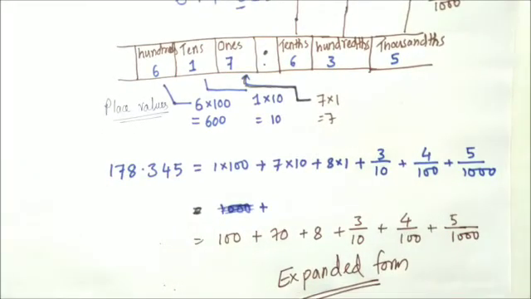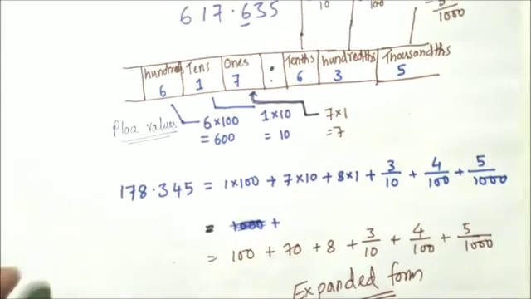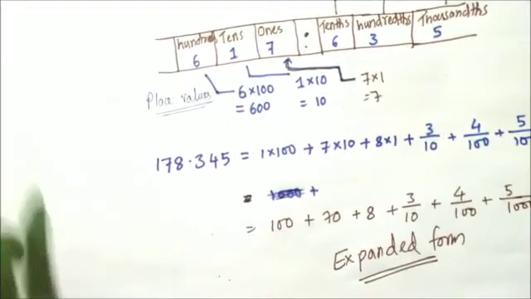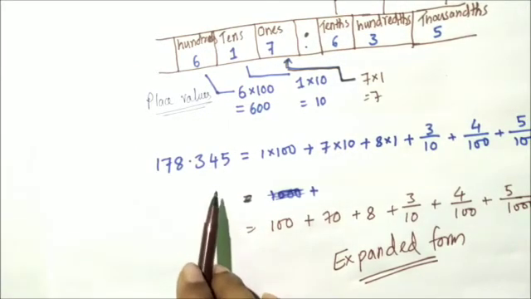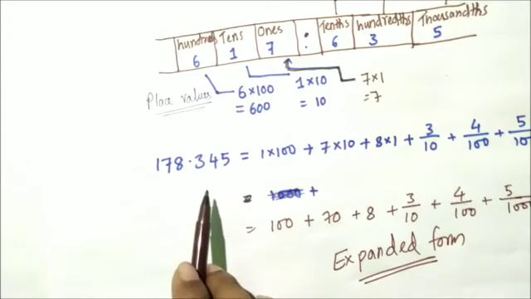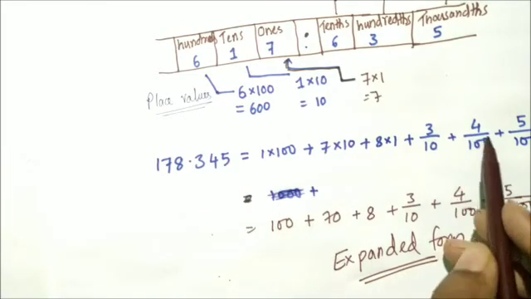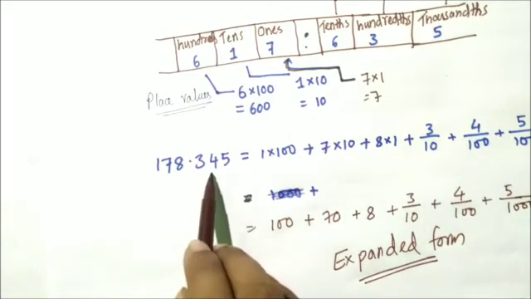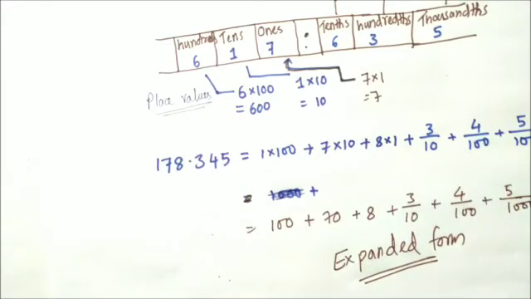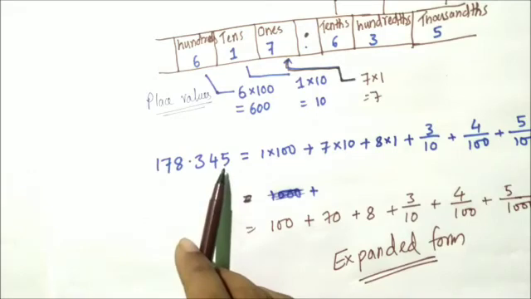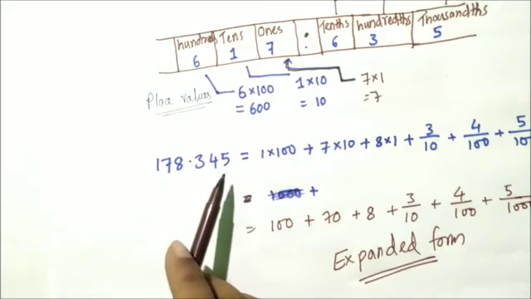Similarly, here I would like to ask you a question. What will be the place value of 4? If someone asks you the place value of 4, you immediately say that it is placed at the hundredths place, so 4 by 100. If someone asks you the place value of 5, you immediately say the place name of this 5.